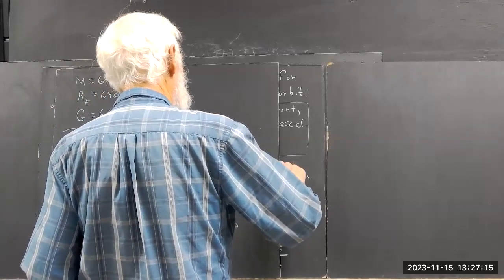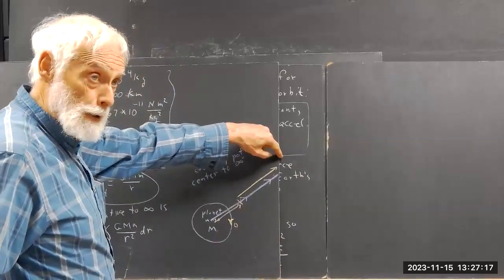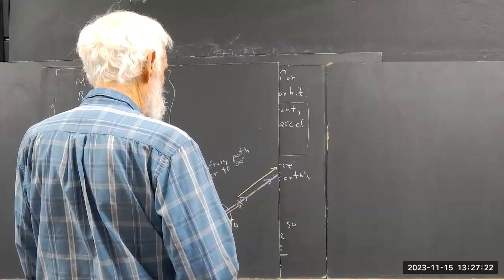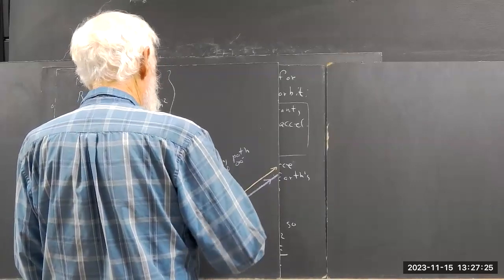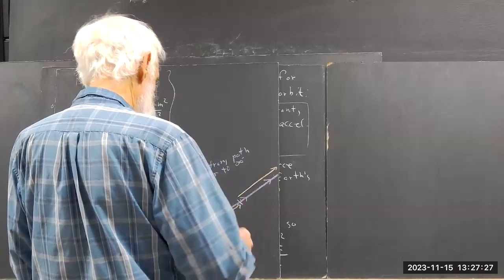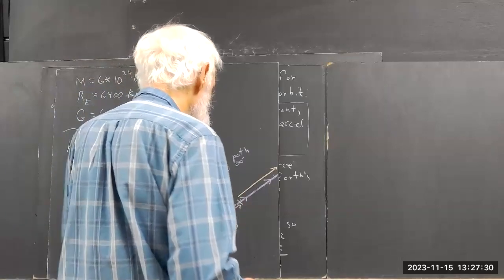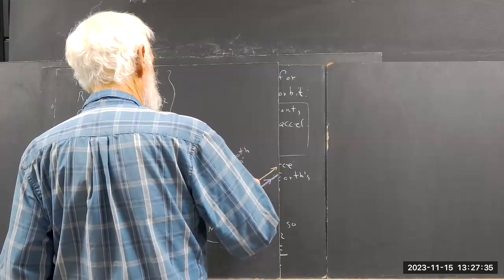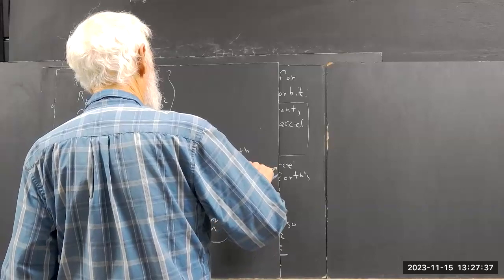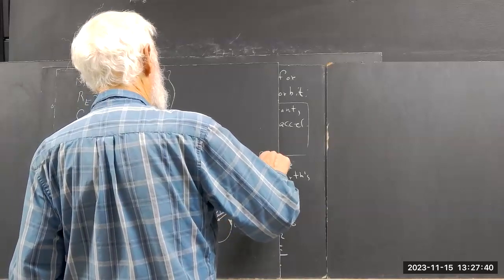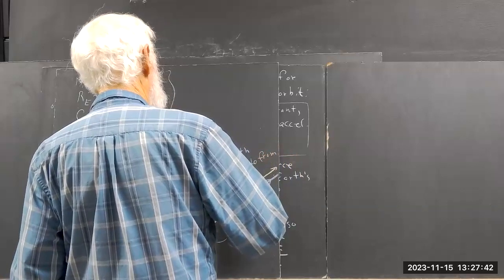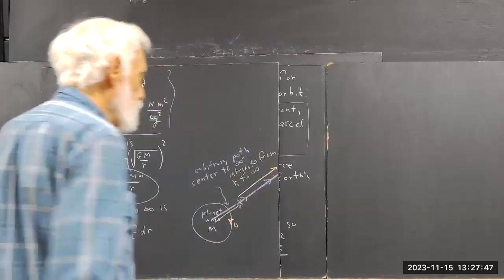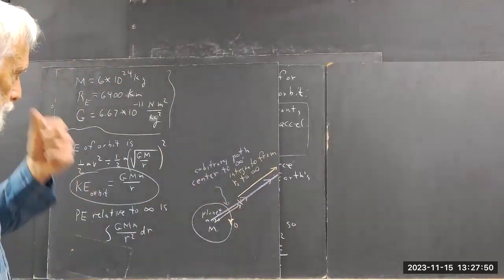And we just take this part of the path. We integrate from R naught to infinity.